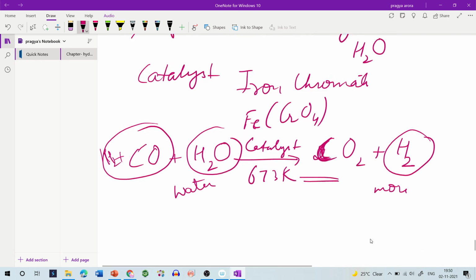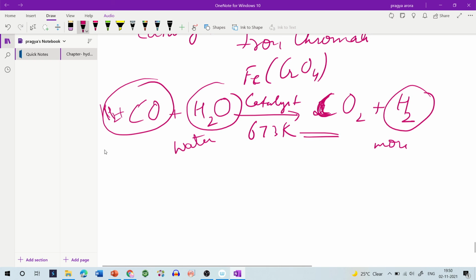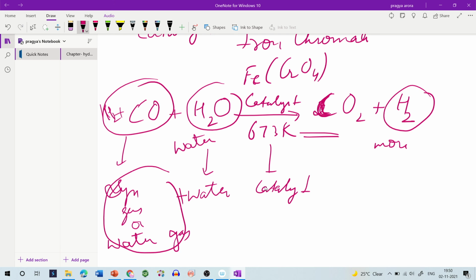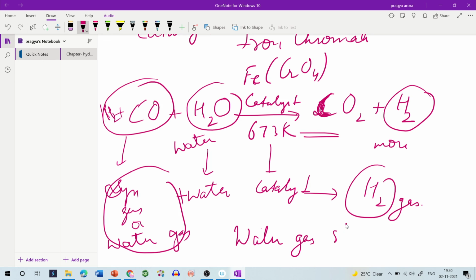So this reaction where you add more water in the presence of catalyst to the syngas, or water gas, gives you more H2 gas. This reaction is called the water gas shift reaction.